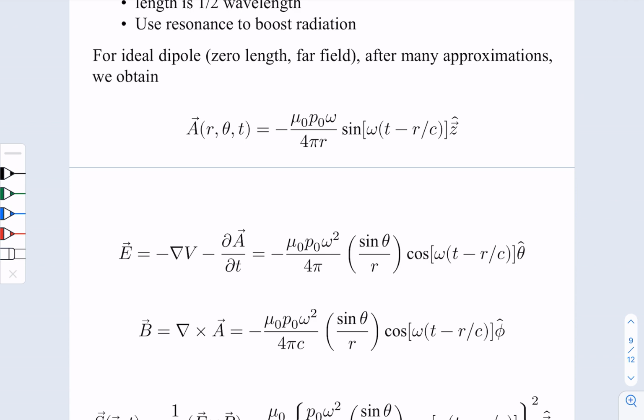Now look at these expressions. Say we take the limit where the frequency goes to exactly 0. Then this corresponds to a constant dipole, right? In this constant dipole, you see that both the E field and the B field are exactly 0.